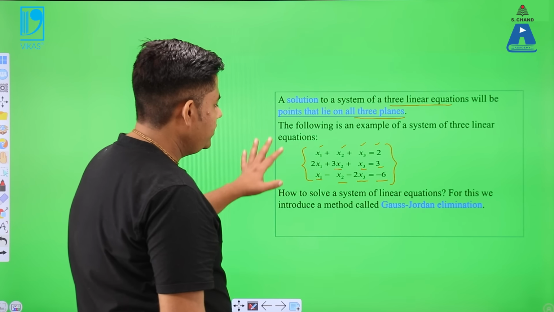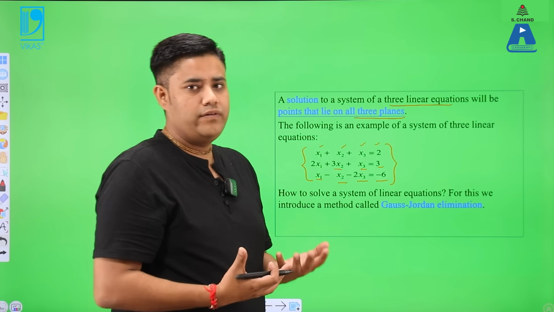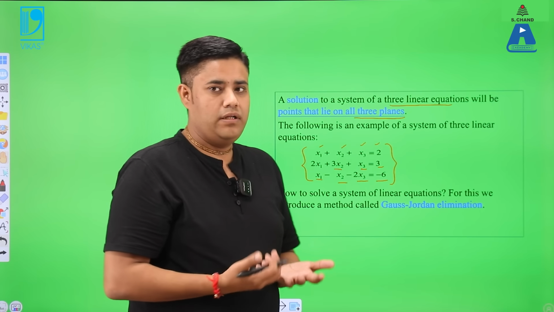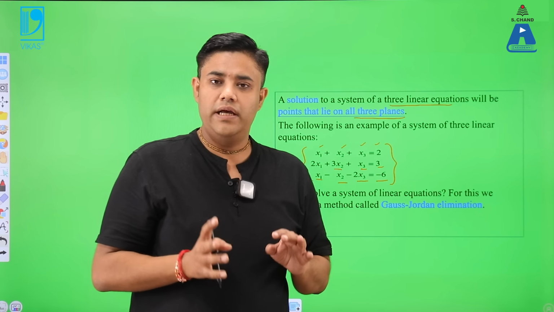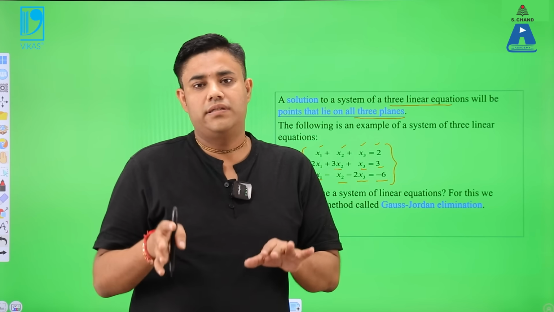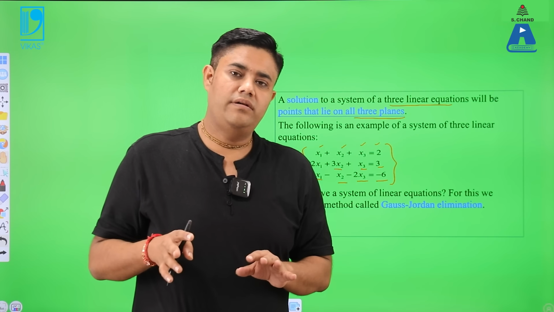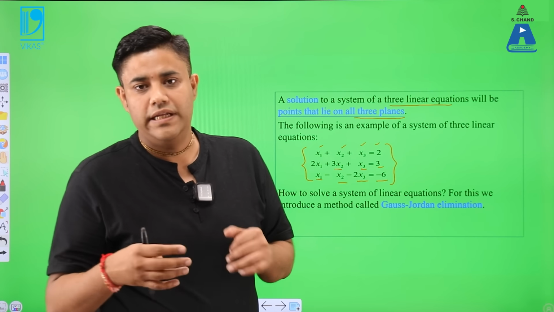We have this system of linear equations, and we want to solve it with the help of Gauss-Jordan elimination. I'll be correlating it with an algebraic formulation and with a matrix method, in which you would be able to solve these equations simultaneously.